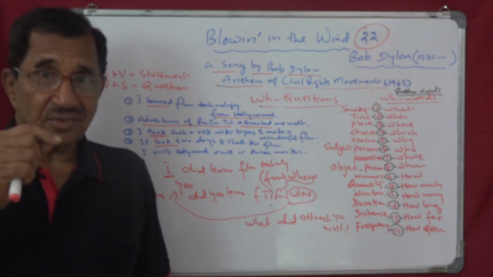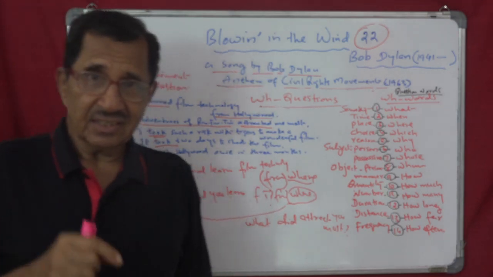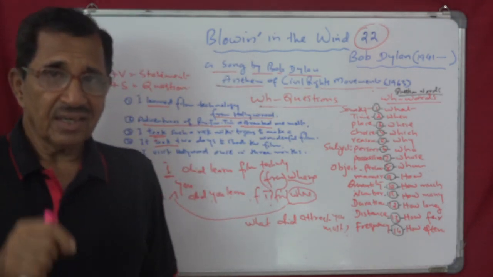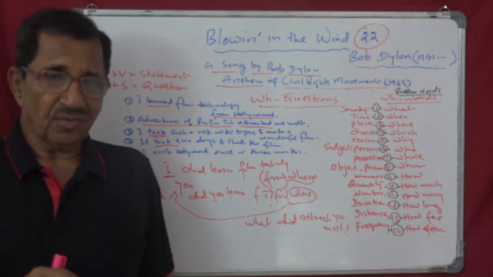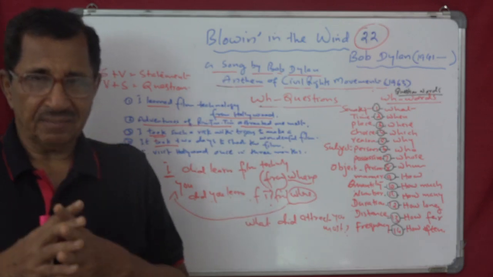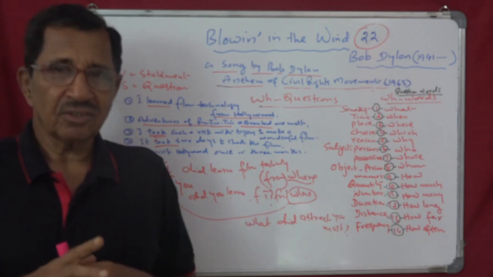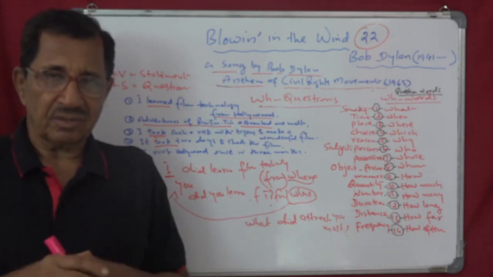But you have to start the WH question with the appropriate question word. That's very important. So all I have to do is, what answer do you expect? Depending on that, you form that question.